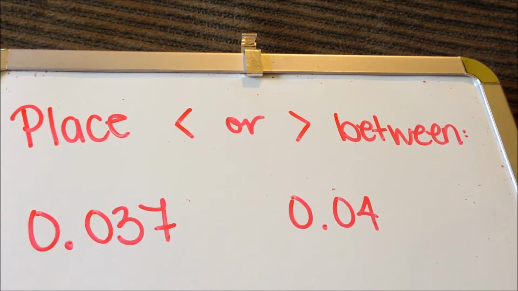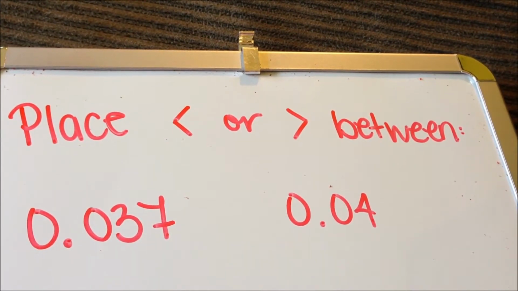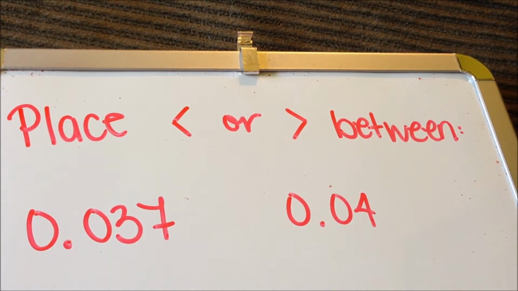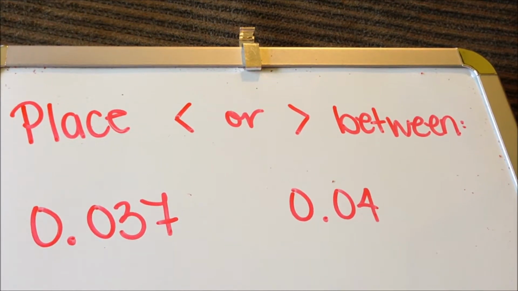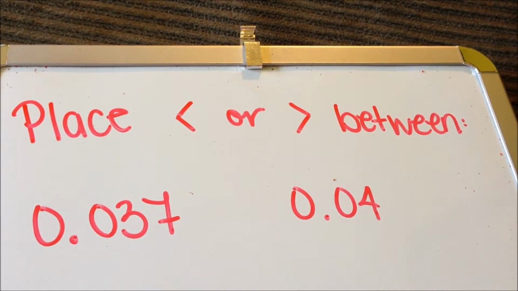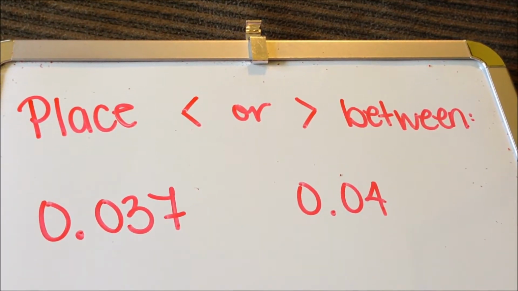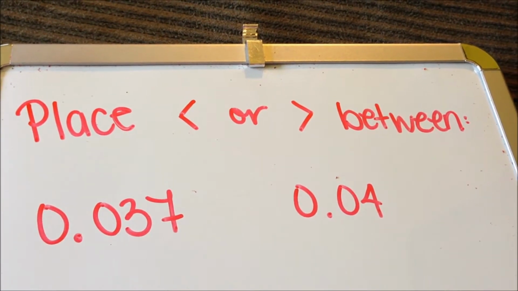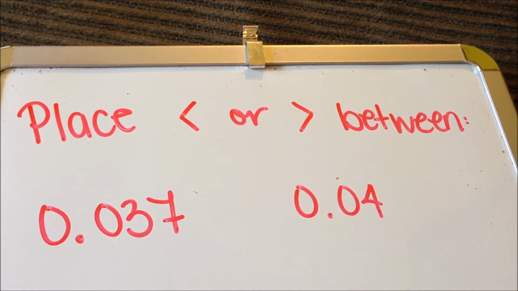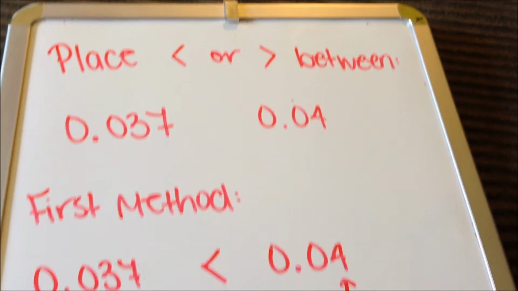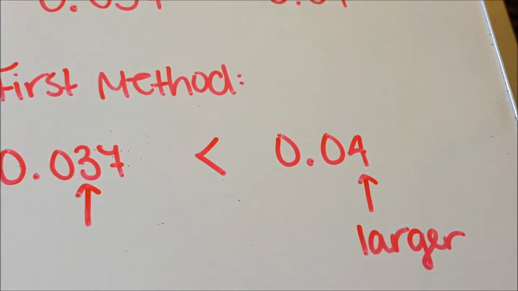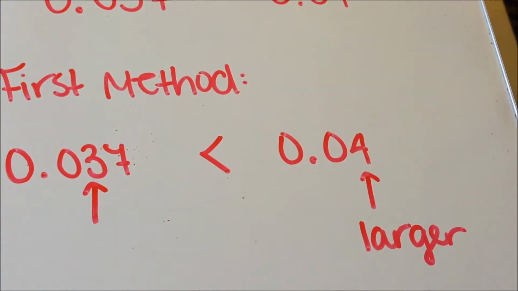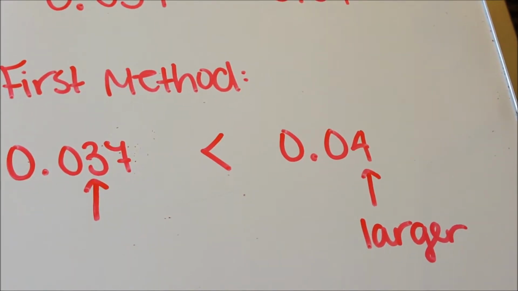Okay, let's compare two decimal numbers. Place a less than or a greater than symbol between 0.037 and 0.04. There are two methods I will show you to compare the numbers. The first method involves looking at the place values of the numbers and seeing which one is larger once you get to a number or a place value that's different.